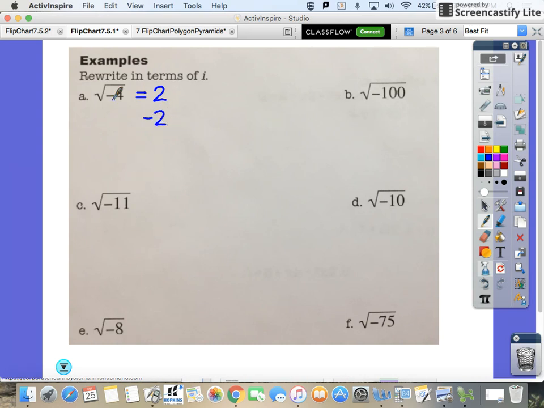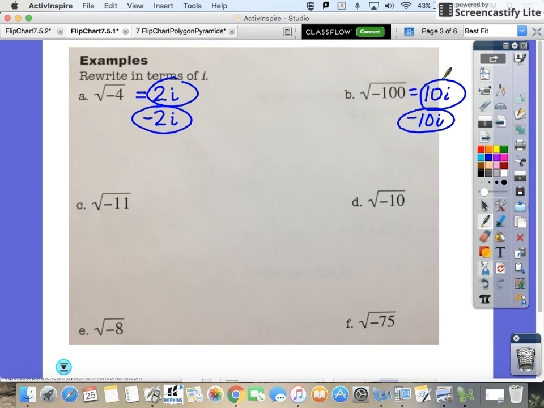But because of this negative right here, we need to put an i on both pieces. So those would be our two solutions. Then the square root of 100, if it wasn't negative, we would know that it was 10 and -10. But again, because there's a negative here, we need to include that i for the imaginary portion.